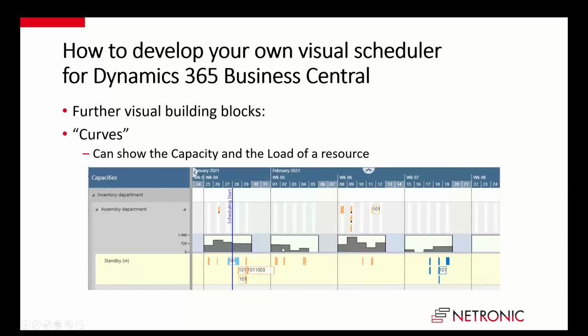So the capacity is just a line, and the load is a line filled to the bottom with the gray color. What we don't see here is that when the gray area is bigger, so the load is bigger than the capacity, then the load is colored in red, so that you directly see this as an overload.